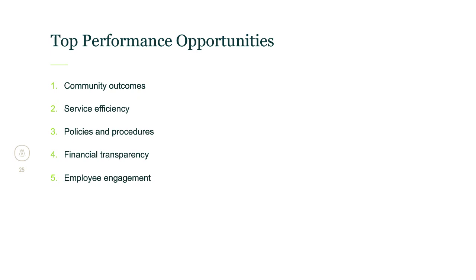Kind of a little bit of the flip side of that, service efficiency, is really getting down to, again, if we're measuring things as organizations, from what we see in the marketplace, we're usually doing a good job of measuring outputs. What are we doing? How much of X, Y, and Z did we do over what period of time, on time, within budget, but how efficiently are we doing that?